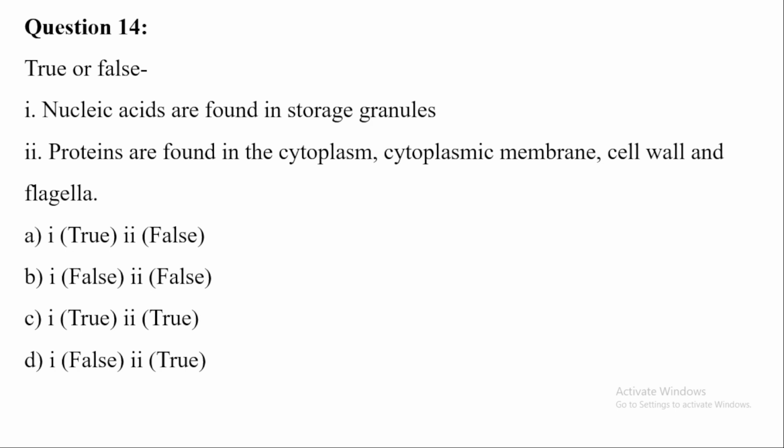It is found in the cell wall because cell wall structures also have certain amino acids that make peptides. Then flagella also have so many structures. Most of the cellular structures are comprised of proteins. Okay, so the second statement is true. So the answer is option number D. First statement is false, second statement is true.